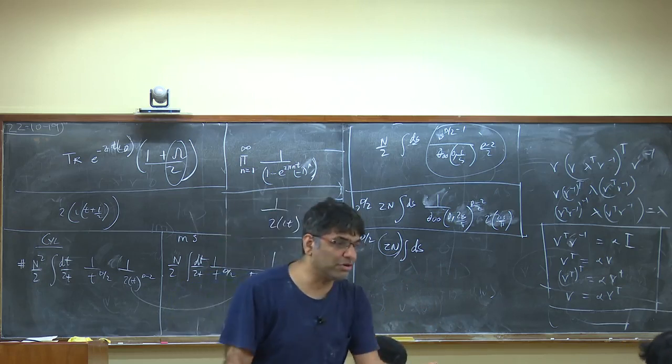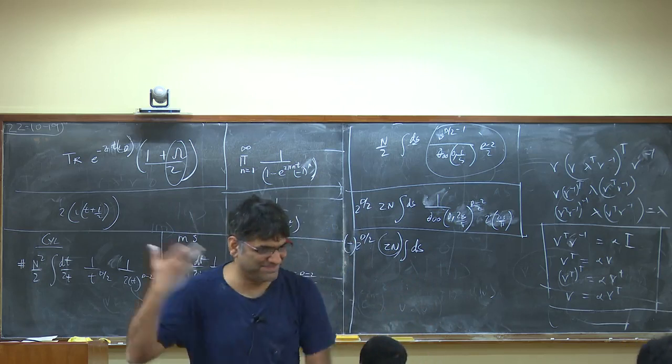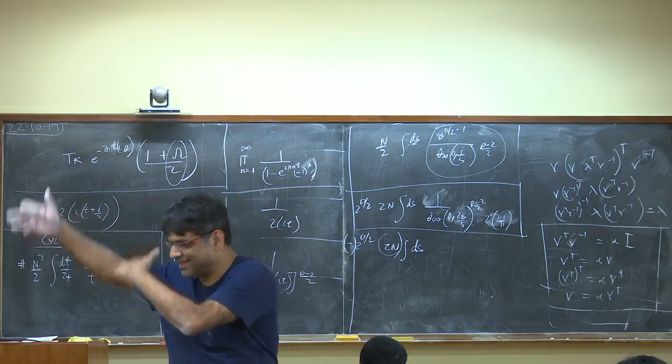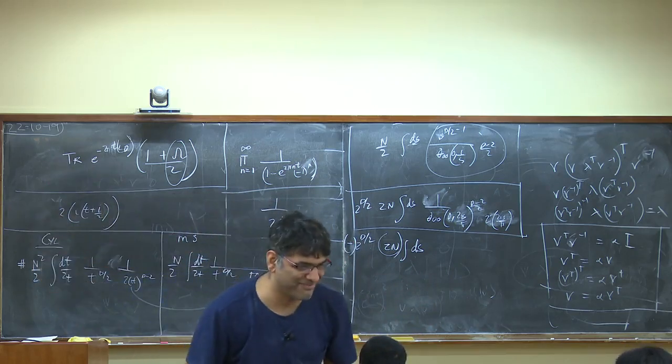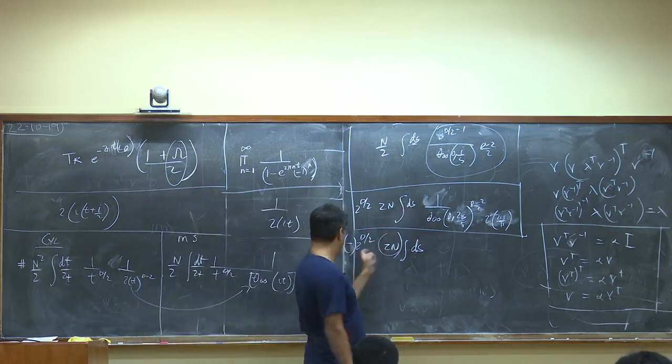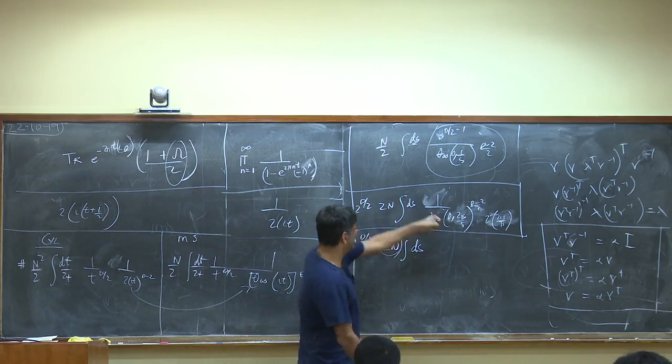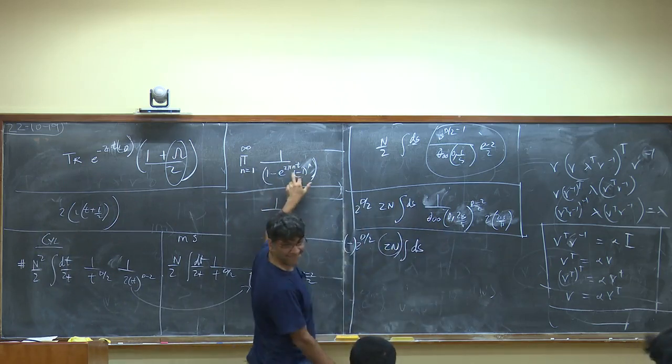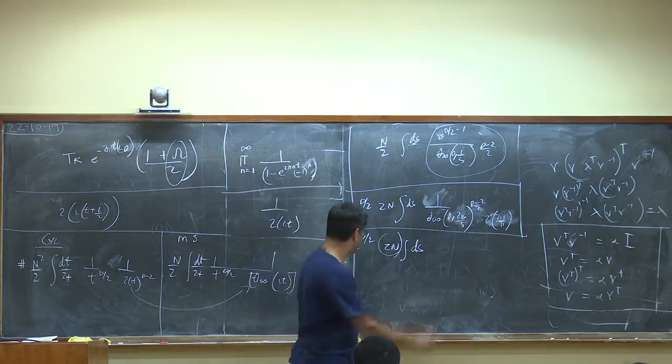The tachyon would contribute with a plus 1, but that's projected out. That's what the GSO projection does, what it does with the fermions. So the only thing that actually contributes here comes with a minus sign.